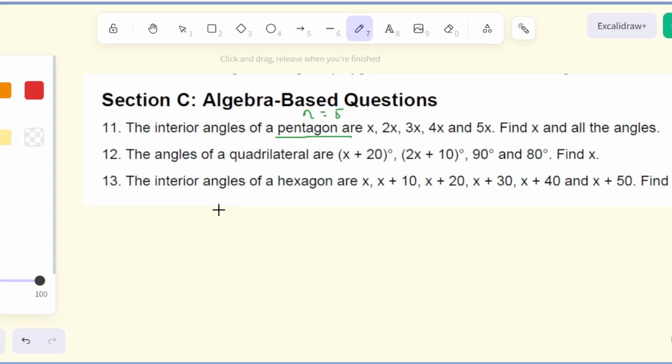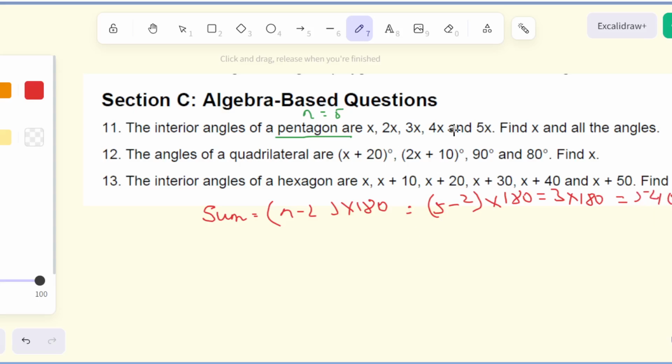So can we find the sum of all the interior angles of a polygon? That is n minus 2 times 180, right? So that is 5 minus 2 into 180. 3 times 180 is 540, right? So if you add all of them, it should be equal to 540.